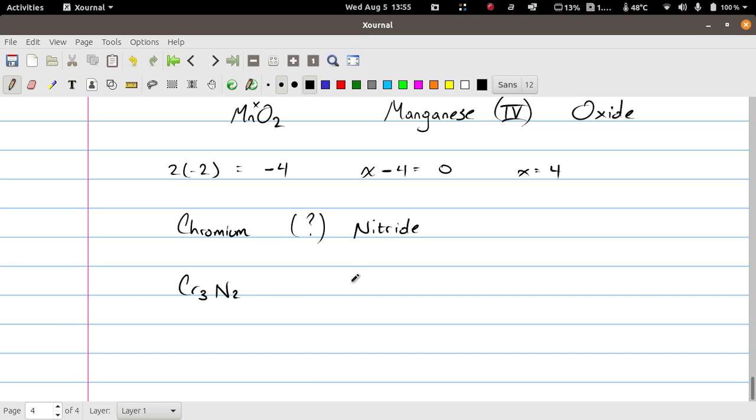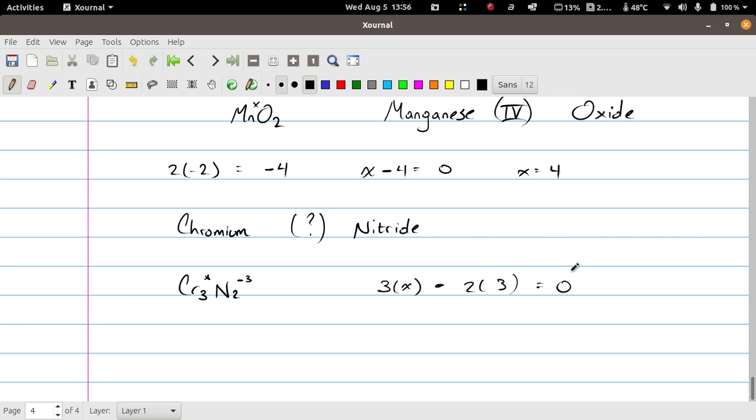Okay, so the way I would solve this is we know that this has a -3 charge. This has an X charge. So we have 3 times X minus 2 times 3, and the negative we would pull out as the minus. Equals 0.